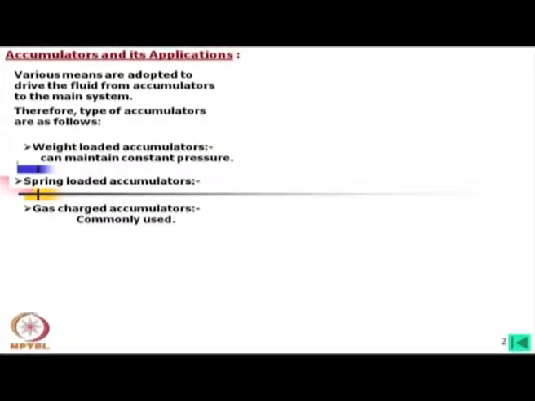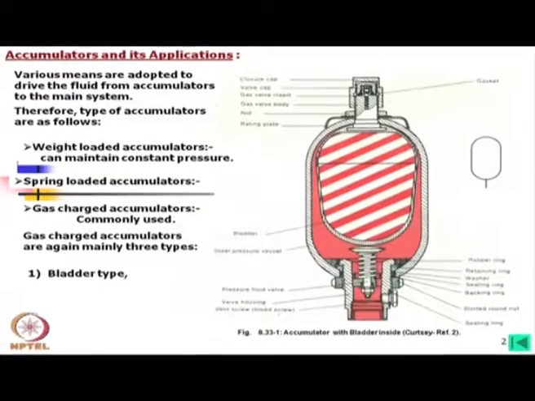It is found that spring loaded, although it can be used, but gas loaded is best, because in some cases you can regulate the gas pressure from the outside, although it is not normally done. Gas charge accumulators are again mainly three types. The most common you will find is the bladder type.